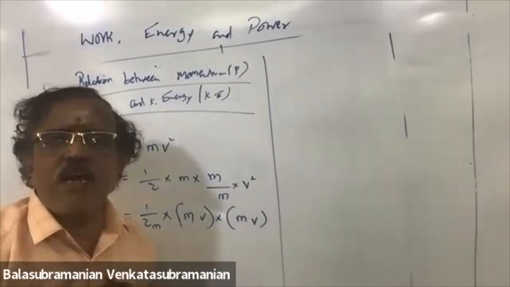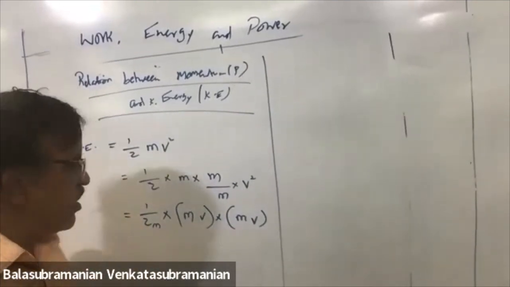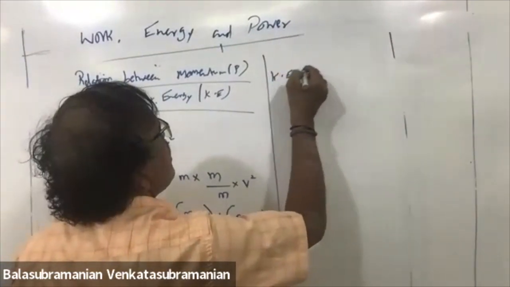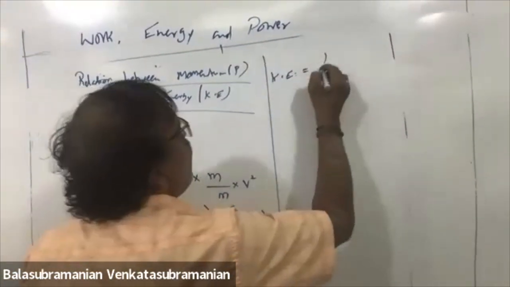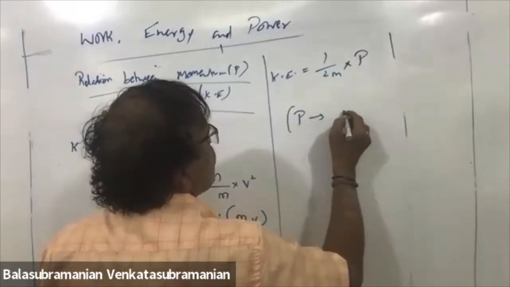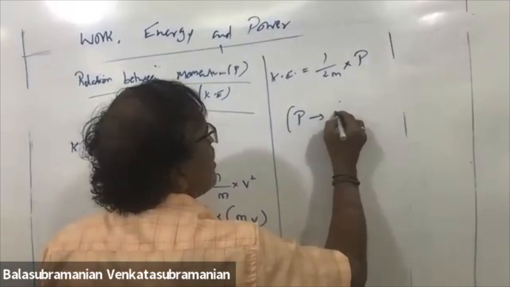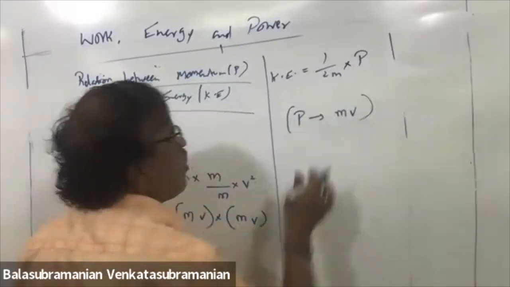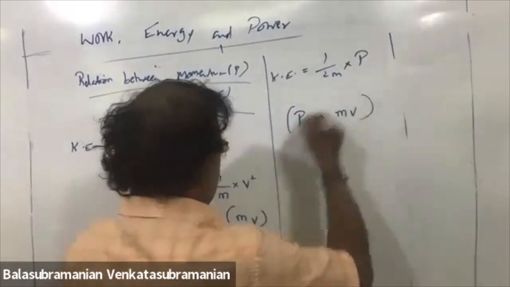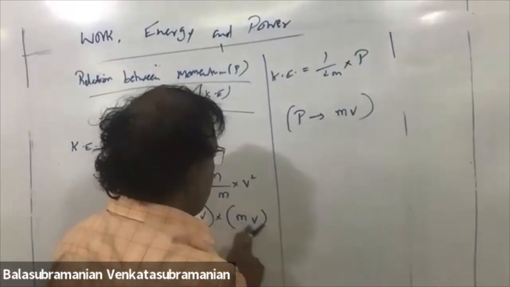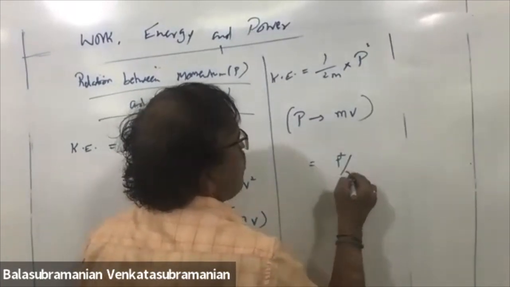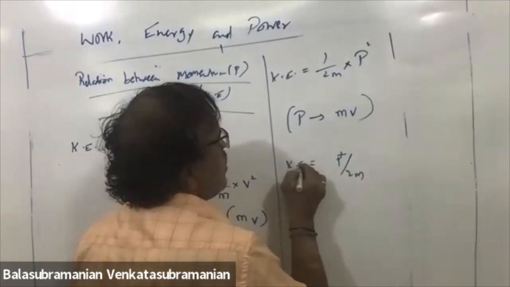You know very well mv is nothing but momentum. So I can write kinetic energy is equal to 1 by 2m into p, where p is called mass into velocity, called momentum. So kinetic energy is, mv is momentum, so it will become p square. So p square by 2m is kinetic energy.